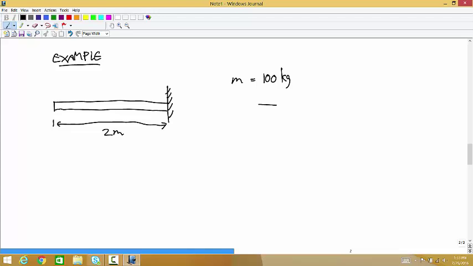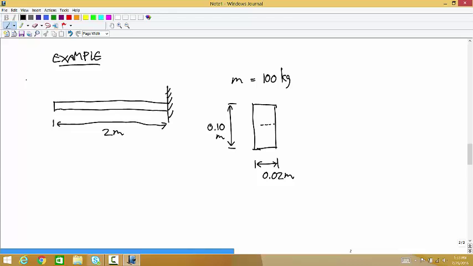Okay, the cross section looks like this. So let's say it's 10 centimeters tall, 0.1 meters. And the width is 2 centimeters. And we want to calculate the stress tensor.